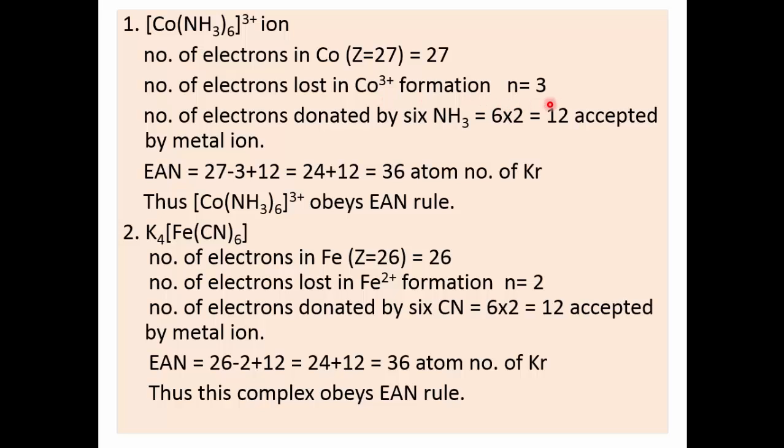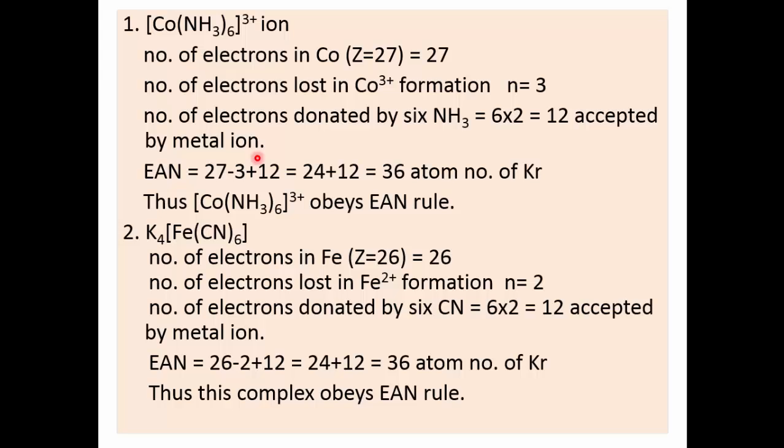Therefore, N is equal to 3. As here there are 6 ammonia molecules attached to cobalt, therefore 6 ammonia molecules donate 6 into 2, that means 12 electrons, which are accepted by the metal ion.